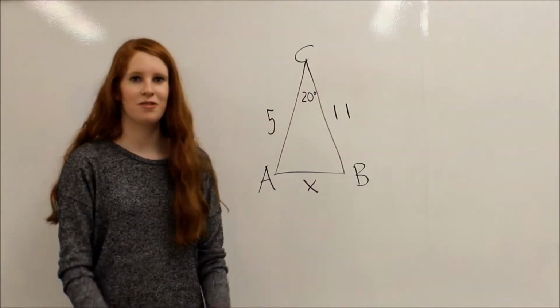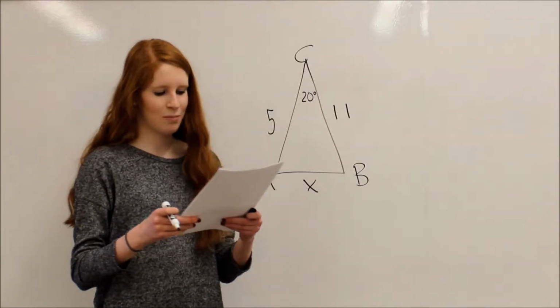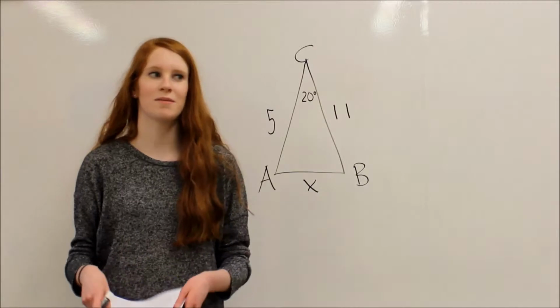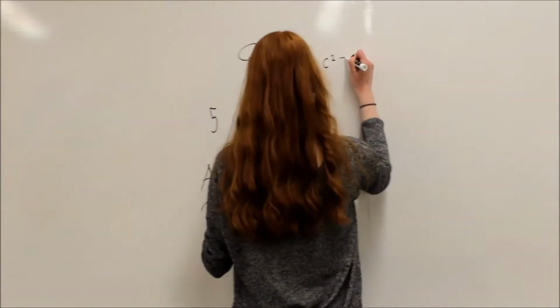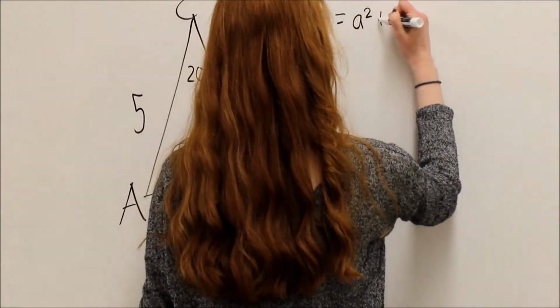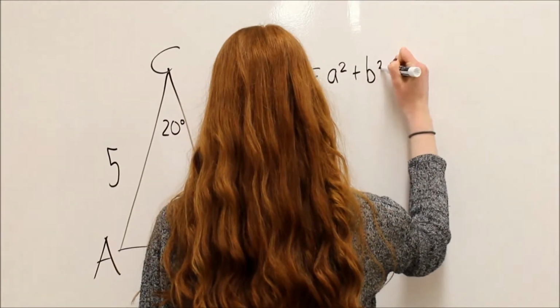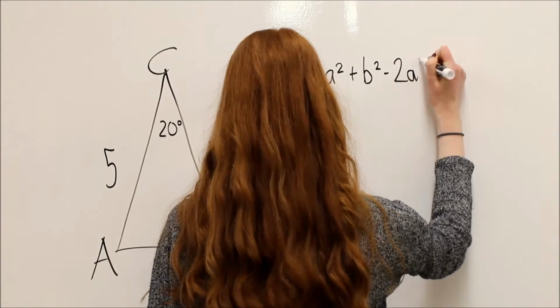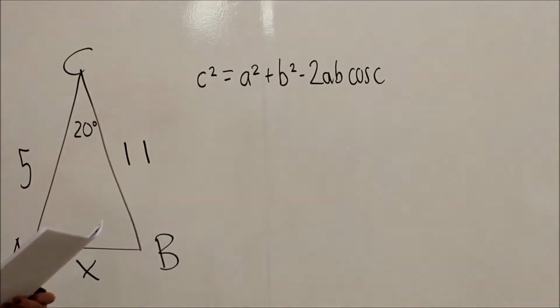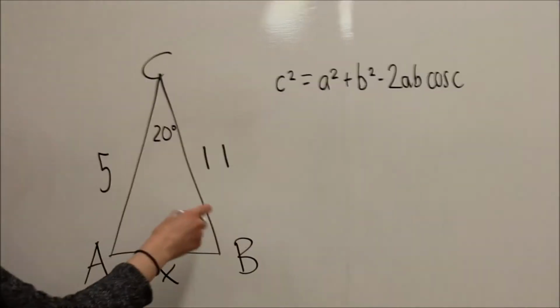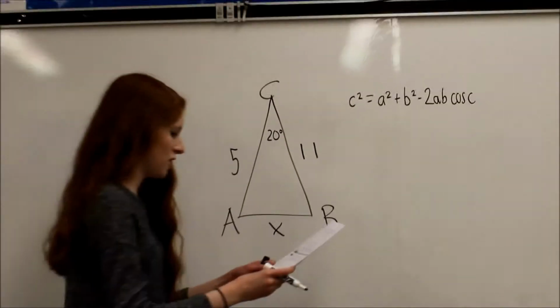So you would use c squared equals a squared plus b squared minus 2ab times the cosine of C. So we'll write that. Then we substitute all of the information that we were given into that equation.